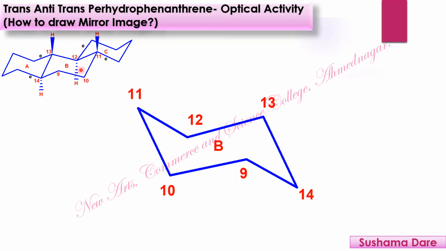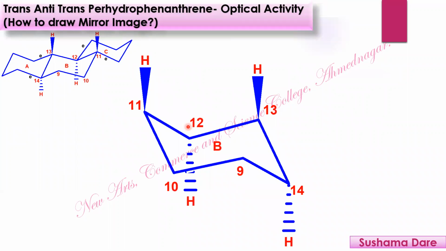First of all, the numbers are 11, 10, 9, 14, 13, 12. After giving the numbers, next your duty is to show the substituents, that is the hydrogens, and on which position the hydrogens are. So all the hydrogens are axial. Remember, we are not flipping the ring, so axial remains axial. Look at number 11, there is the presence of axial hydrogen.